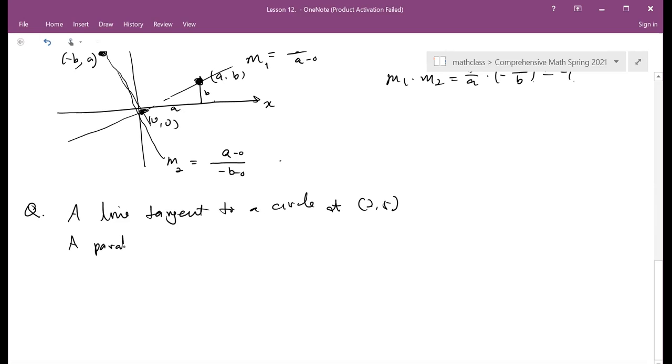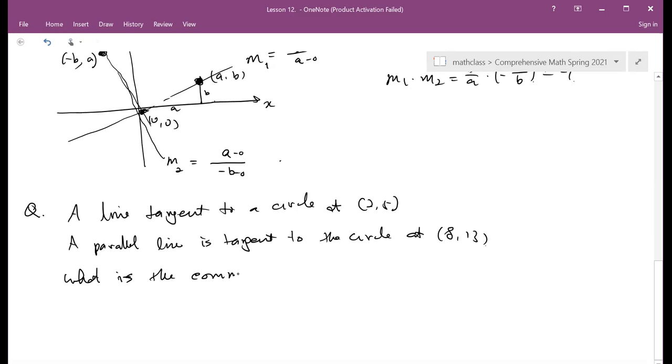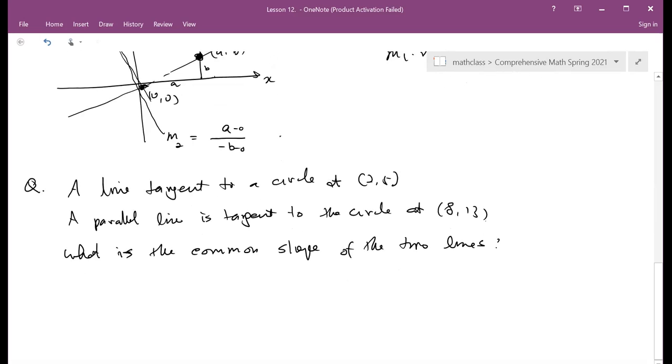The parallel line is tangent to the same circle at (8, 13). What is the common slope of the two lines? Now, what are the slopes of those two lines, basically?